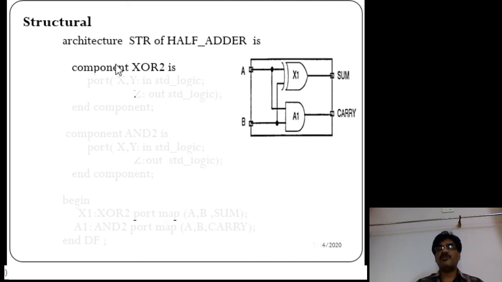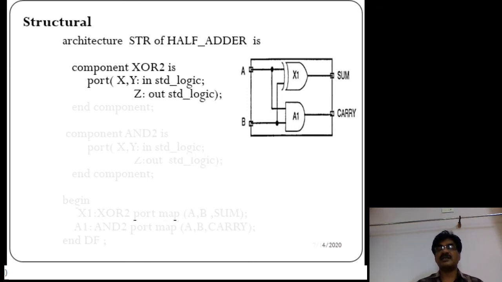So here component XOR2, this is the component name, it is a user defined name. Its meaning is that the component is a two input component, that is a two input XOR gate. Next its port: it has two inputs named X, Y. Since they are inputs, the mode is in, then the data type is standard logic, and one output.